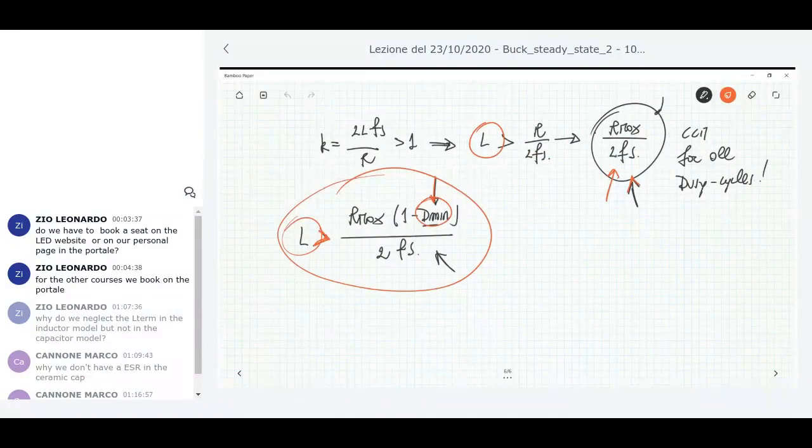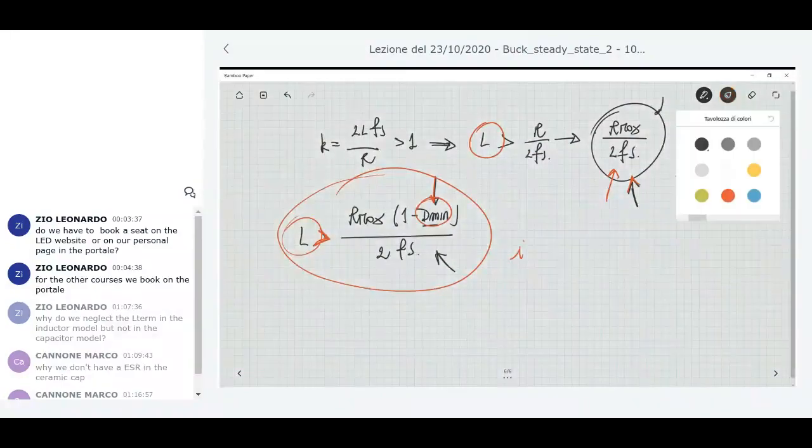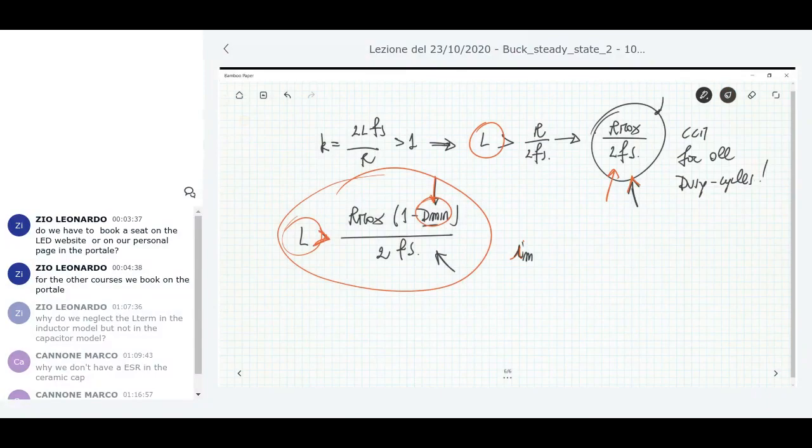Okay, so we can start again from the minimum current, which is 0, to stay at the boundary. This is V naught over R minus V naught over 2 times (1 minus D) over L Fs, which is 0.